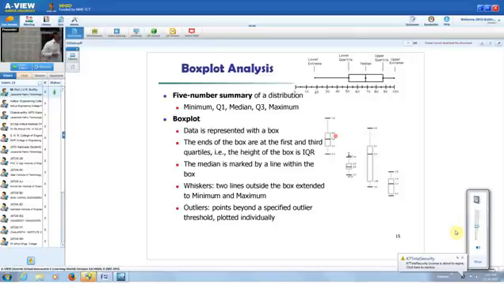Between 17 and the median, which is approximately 67 or so, 50% of the elements are there. And the remaining 50% of the elements are covered from 67 to 100.